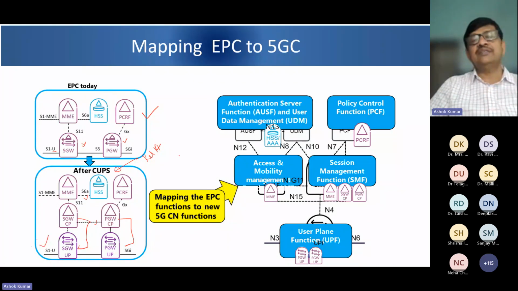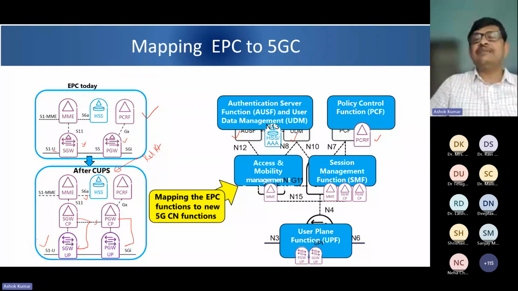And then how it is mapped. AUSF plus UDM in 5G is akin to HSS and AAA of 4G. Similarly, PCF of 5G is akin to PCRF of 4G.